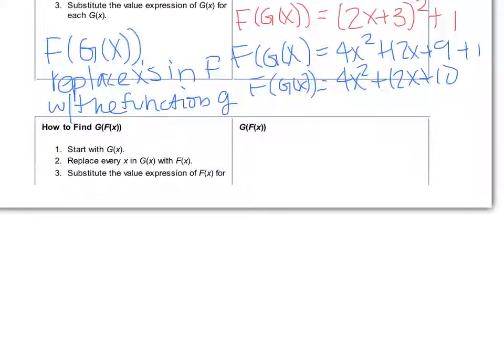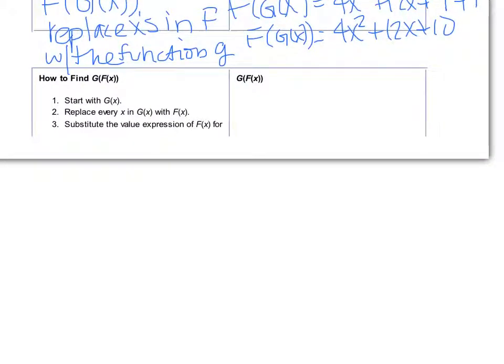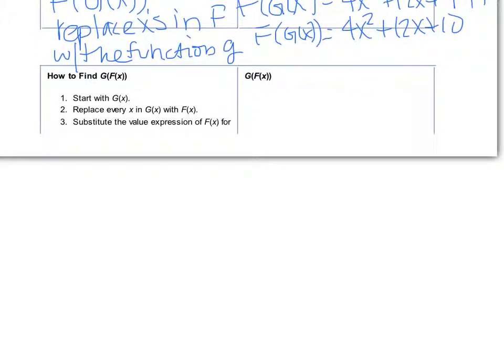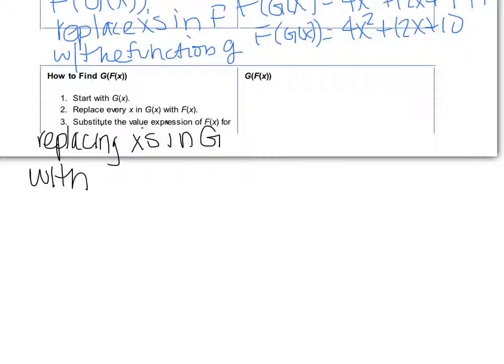Looking at a different example, it says that we're supposed to find g of f of x. What that means is that I'm replacing the x's in the g function with the function f.